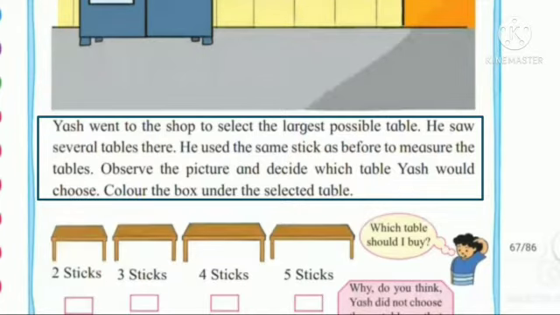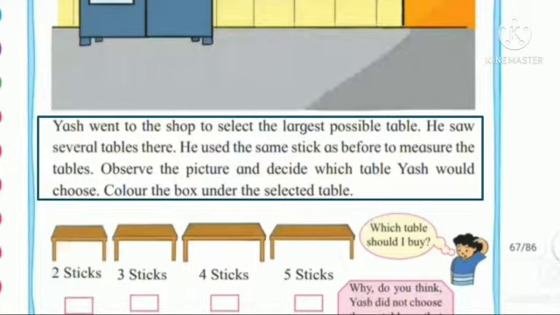After taking the measurement, Yash went to the shop to select the largest possible table. He saw several tables there. He used the same stick as before to measure the tables, which means the same 4 sticks which he used to measure the tables.